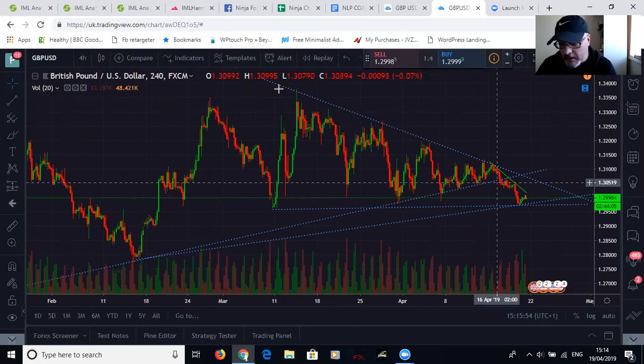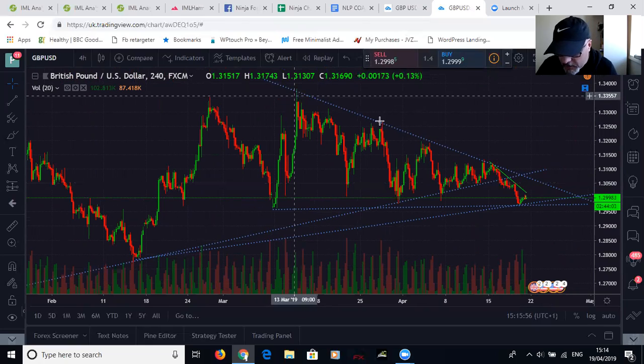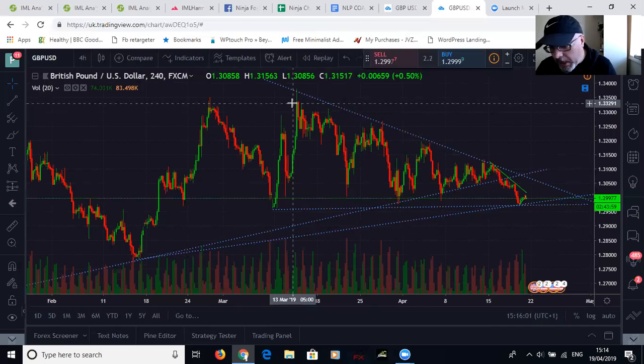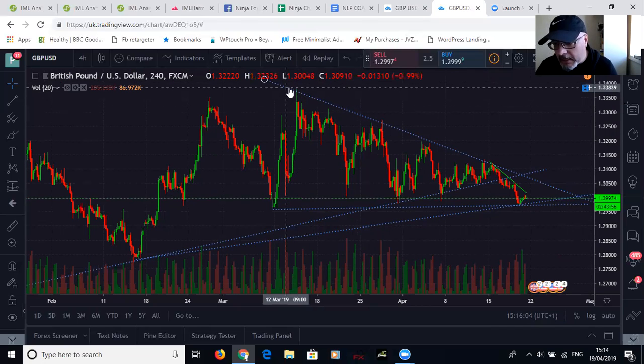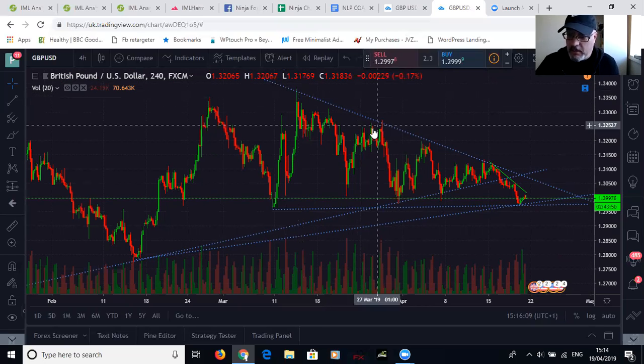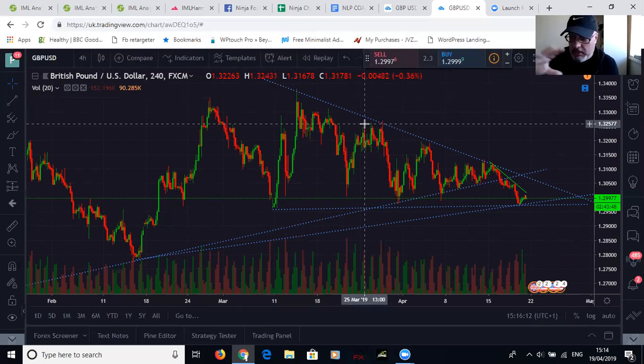Now, you've got some bits here where spikes have gone through, but I can't remember exactly when I drew that. So it may be that those particular movements, as I got down to the smaller time frames, didn't quite make that much difference.